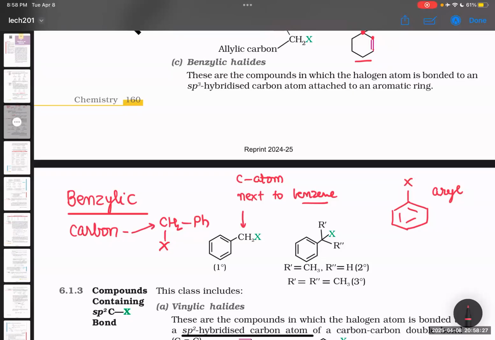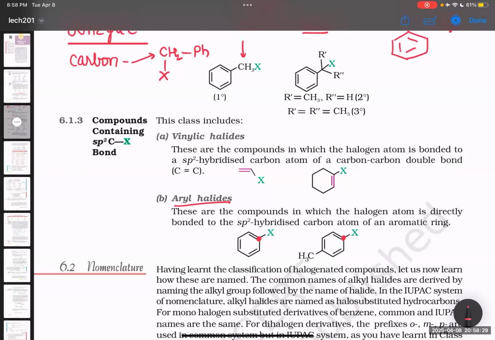Okay. So we have seen this classification and just read it.